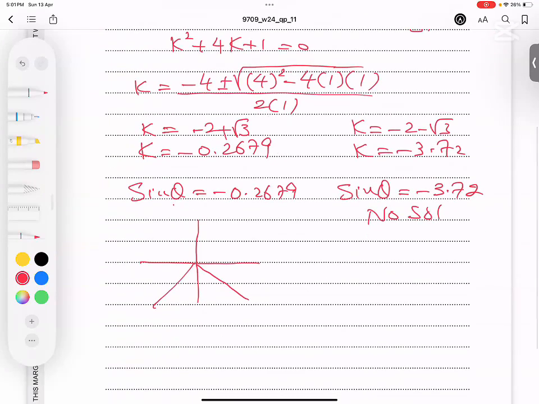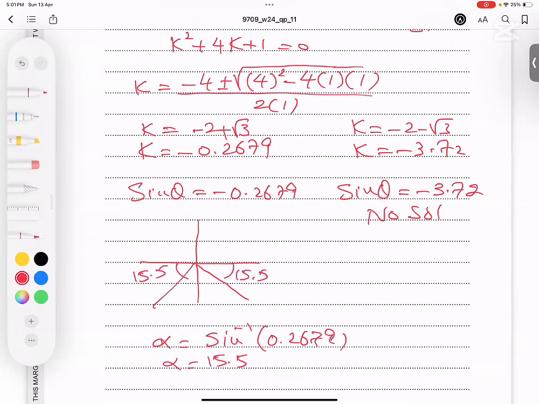So first of all, I assume this as a beta, or alpha, and sine inverse of negative. Negative you never include. You do it without the negative sign. And when I take sine inverse of 0.2679, okay, it gives us 15.51 to 2 decimal places. So 15.5 here and 15.5 here.